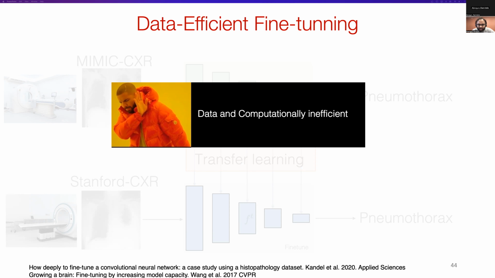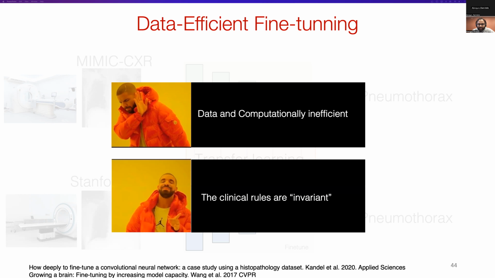Now, in the last slides, we saw that we extracted the clinical rules, which are like the anatomical and the pathological rules. These rules generally are invariant. So can we leverage those rules to overcome this inefficiency in terms of data and computation?